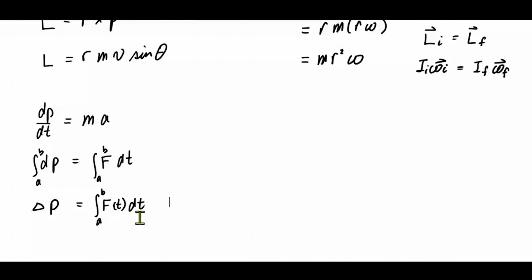Okay? Now I'm going to do a similar thing with the angular momentum here. So from up there, L, angular momentum, is equal to I omega, right? Actually, I'm going to keep it as just a magnitude. If you have a vector equation here, that can get really crazy. So why don't I take a derivative here? dL over dt, with I being constant.